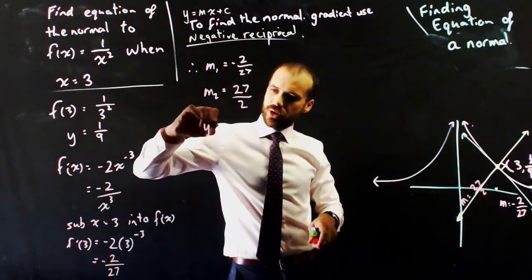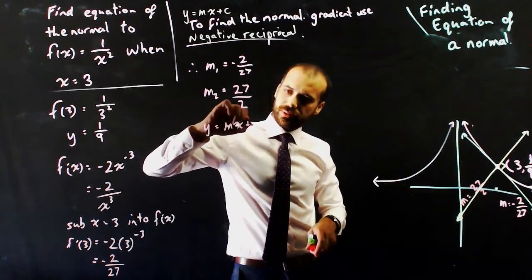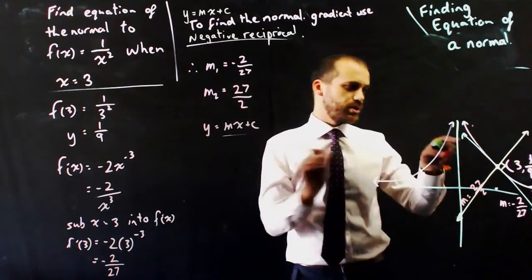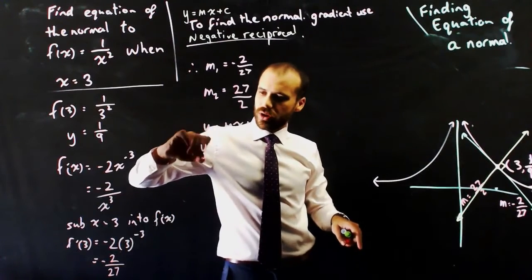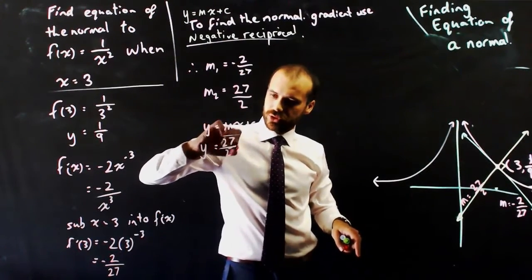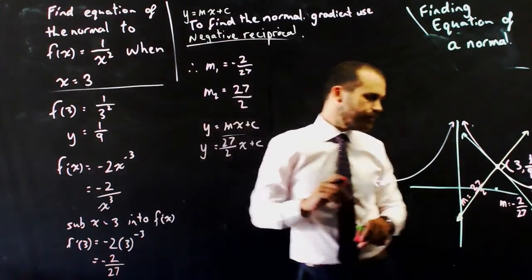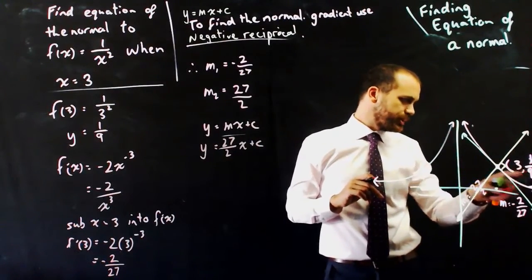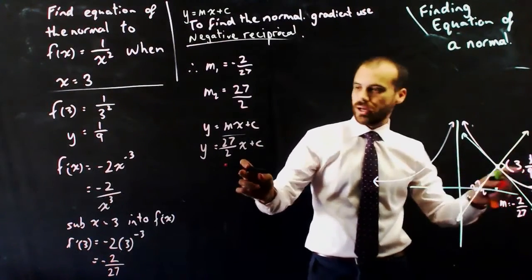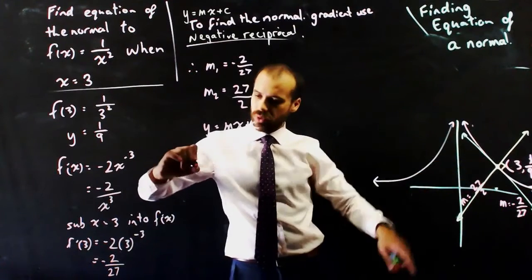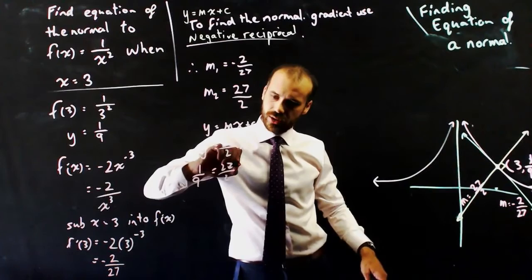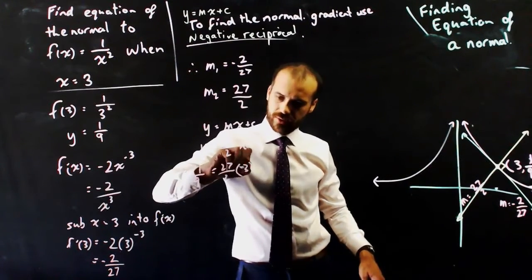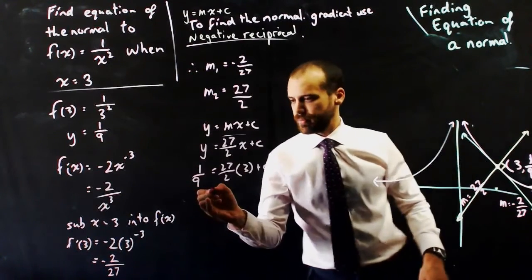So now I have y equals mx plus c, where this equation is the equation of my normal. I know that y equals 27 on 2x plus c. And I also have a point that I can sub into that equation: 1/9 equals 27 on 2 times 3 plus c.